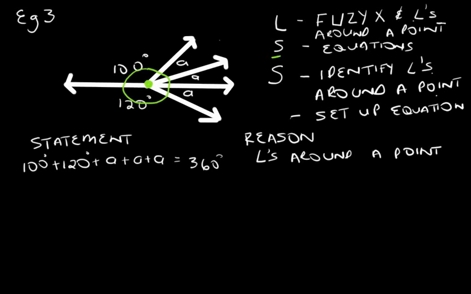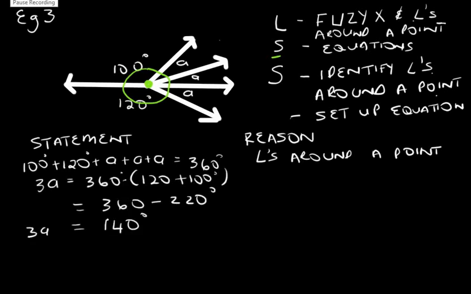Our reason is angles around a point. And now we need to solve for the equation. Where do we want our variables? We want our variables on the left hand side, and we want our constants on the right hand side. So 3A will be equal to 140 degrees, and A will be equal to 46,6 degrees recurring.